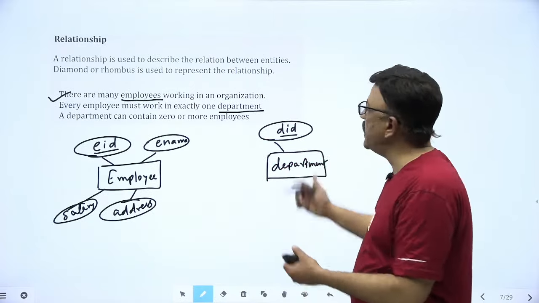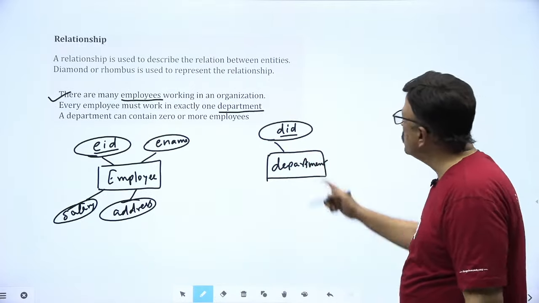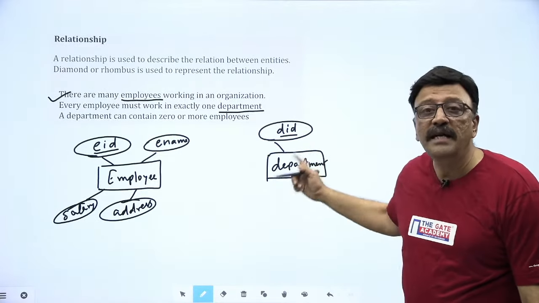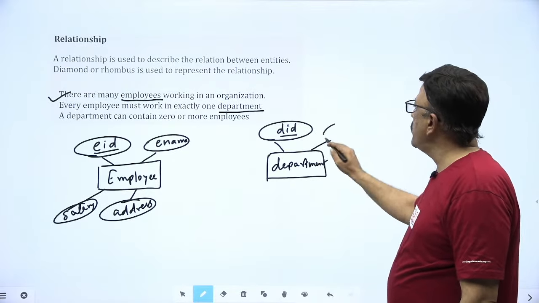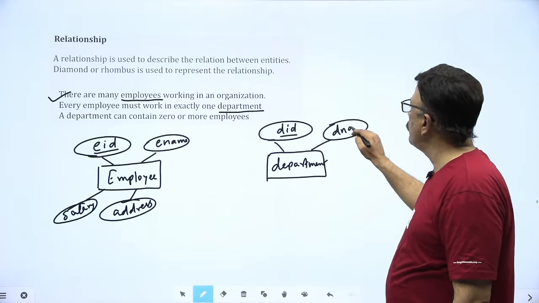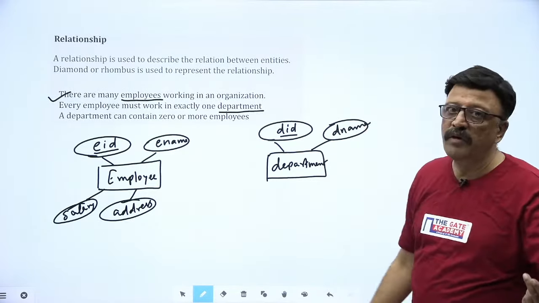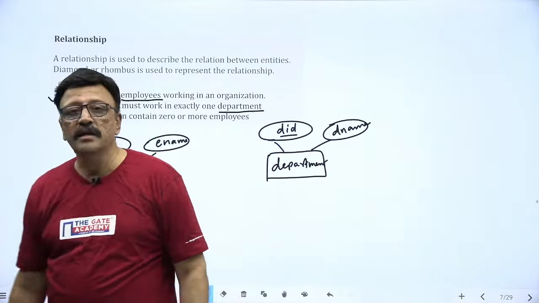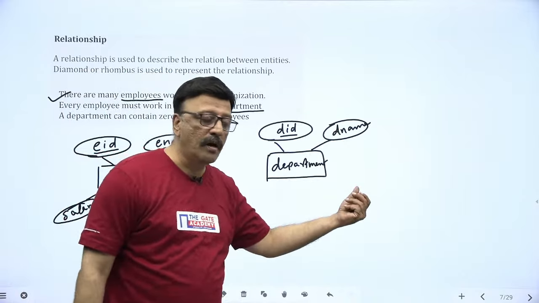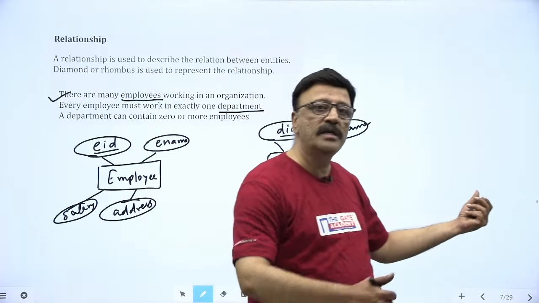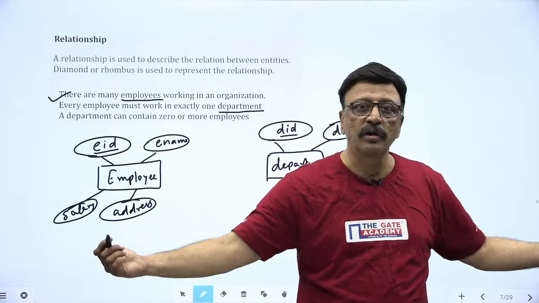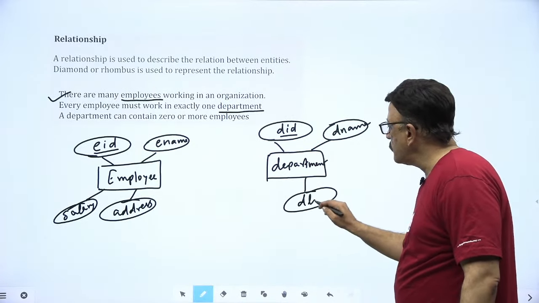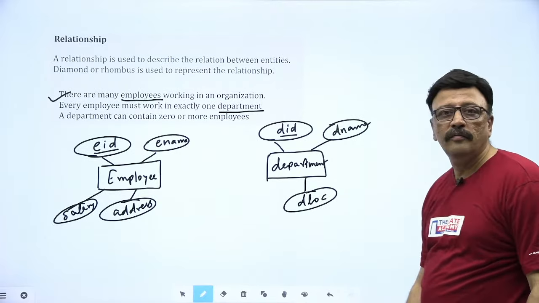Let's name it as DID, department ID. This should be unique for each department and it cannot be null. This is the key attribute. Now every department will have a name. Let's name it as DName. And every department will have an address. Maybe some department is placed in one part of the town and another department is placed in another part of the same town. Then we would like to store department location. Let's call it DLOC.